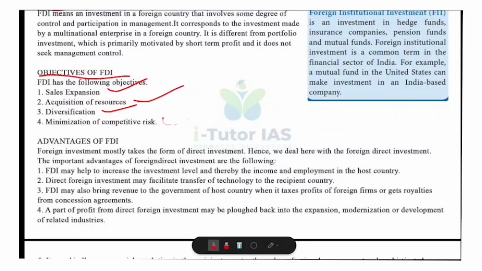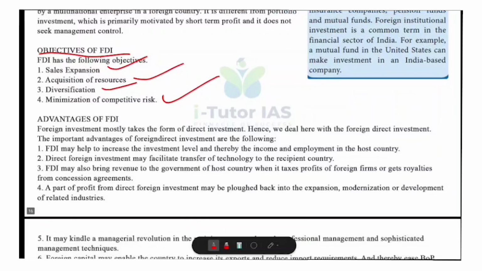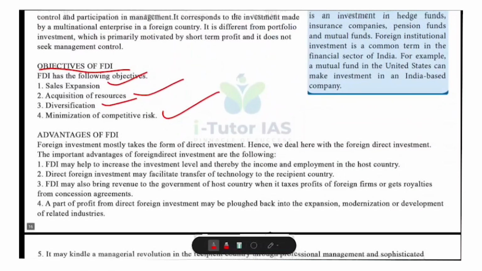And the fourth one, minimization of competitive risk. By entering foreign market, companies reduce threats from competitors and gain strategic advantage. For example, setting up a branch in China may prevent competitors from dominating that market. So that's about objective of FDI.